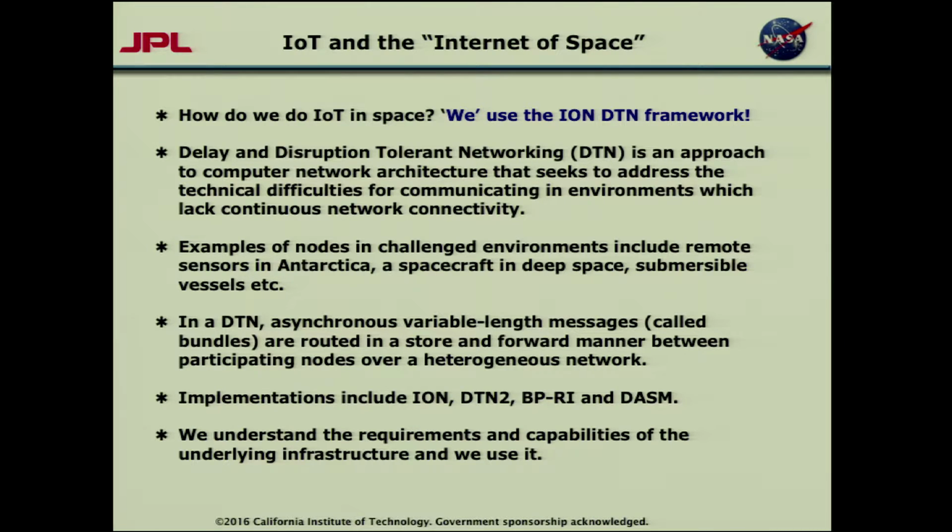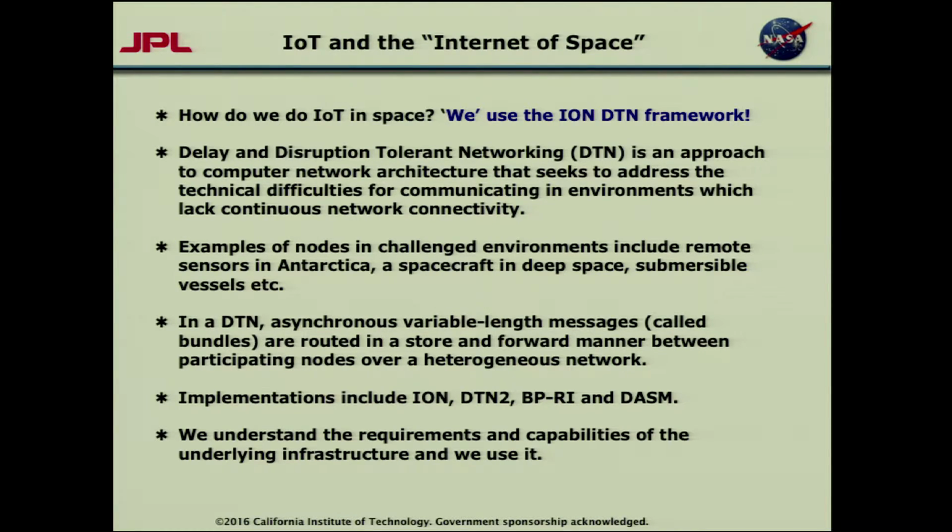We have lots of other problems. So we look at the environment and some of the challenges that exist in that environment. And the DTN protocol has been formulated with an understanding of those constraints. It's an approach to network architecture that seeks to address the technical difficulties in those environments. So things like remote sensors in Antarctica, spacecraft in deep space, the submersible vessel.